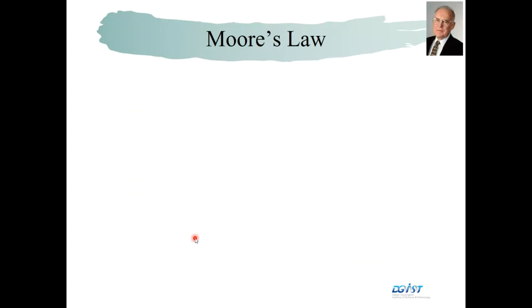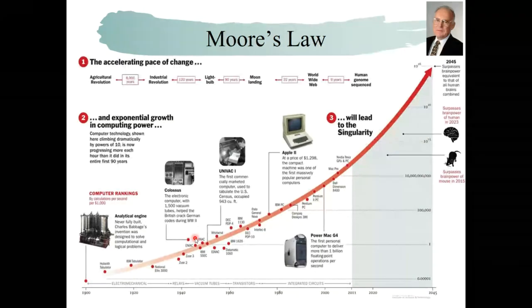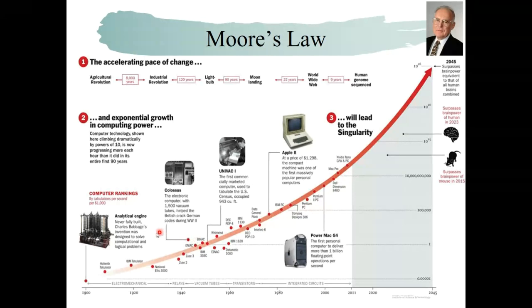As you know, modern electronics can be explained very simply by Moore's law, from the co-founder of the Intel company. According to Moore's law, there is a very rapid increase in the performance of electronics.